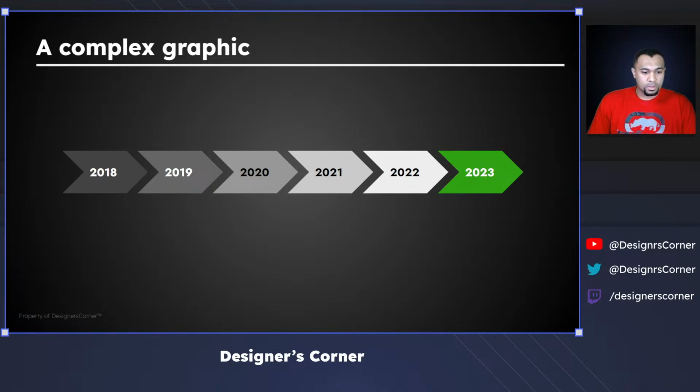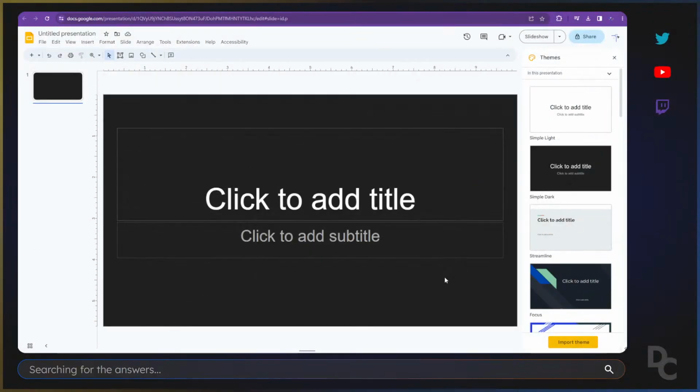So let's go into a quick demonstration here. Based on what we've already talked about, I've opened up a new presentation, a new Google slide, and I can go up to the top left and call this demo presentation.